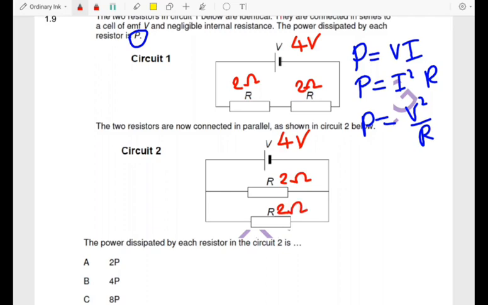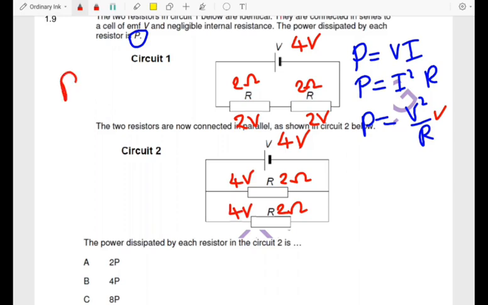Now, which equation for power can I use? Well, the easiest to use for me would be the last one, P equals V squared over R, because I can easily work out the voltage of each resistor. Here, we've got 4 volts, so the volts will be divided. So here I'll have 2 volts, here I'll have 2 volts. In parallel, the voltage will be the same, so I'll have 4 volts there, and I'll have 4 volts there.